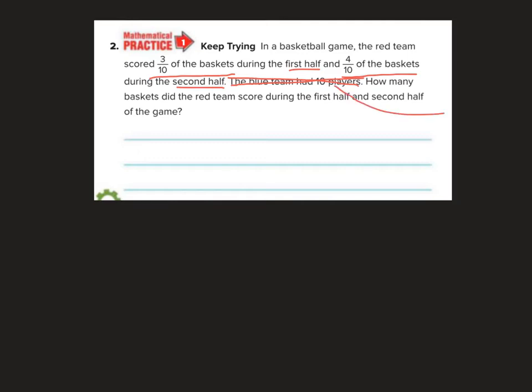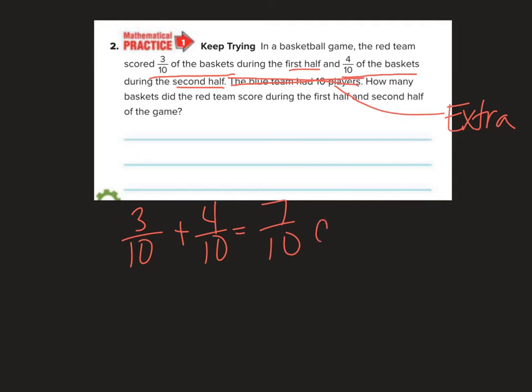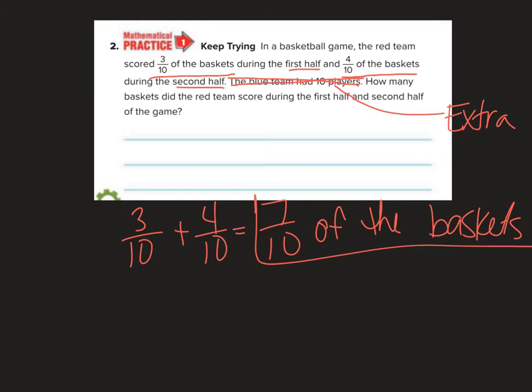So I'm going to write extra. I'm identifying the extra information. And then I just need to add 3/10 plus 4/10 equals 7/10. 7/10 of the baskets in the first and second half. So boom, there we go.